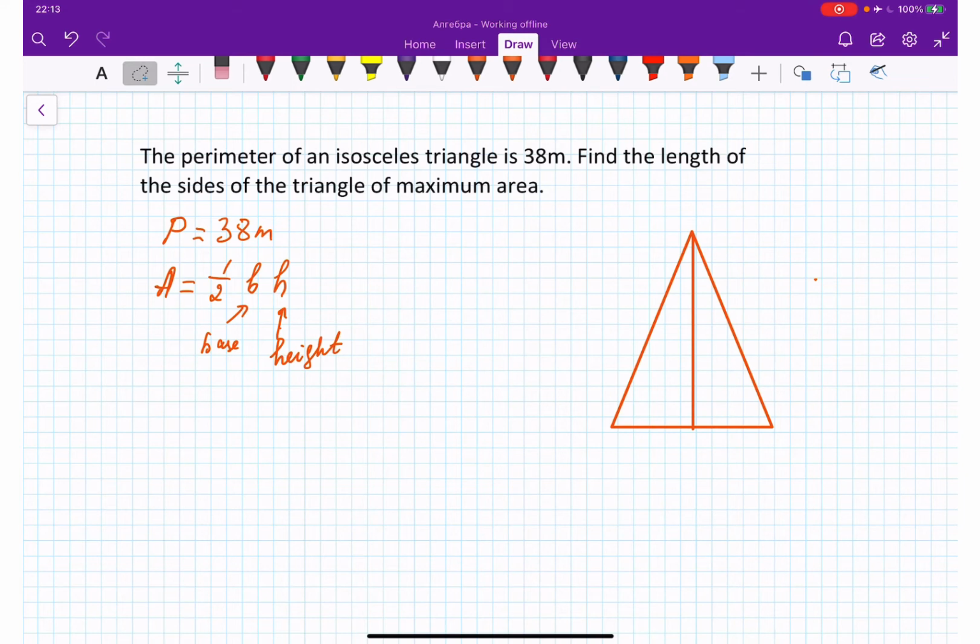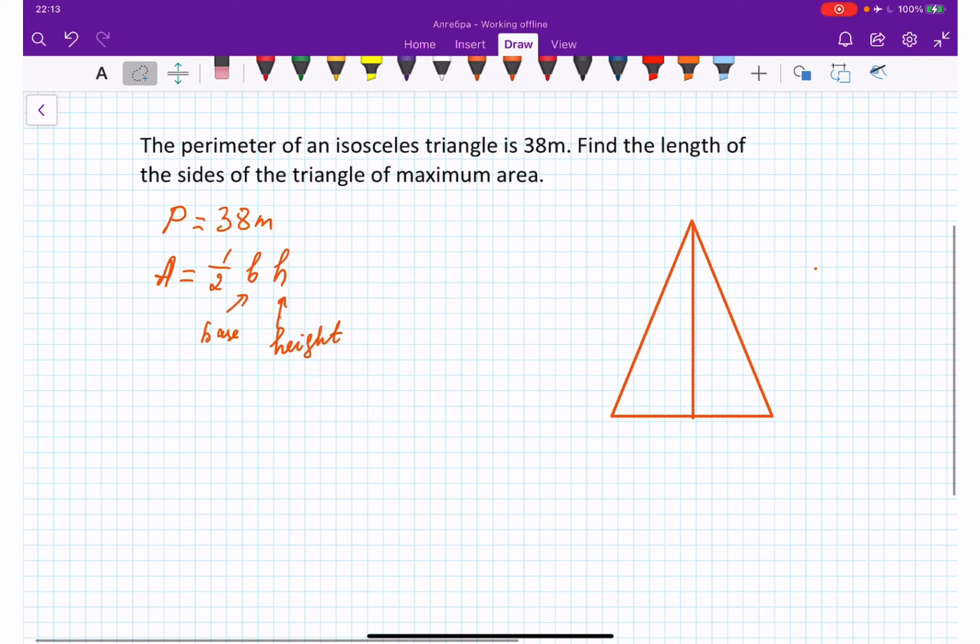Okay, it should be equal. So we need to know something about properties of an isosceles triangle. In an isosceles triangle, two sides are equal. In this case, these two sides are equal. And the height that's coming from the vertex of the two equal sides is dividing the base into two equal parts.